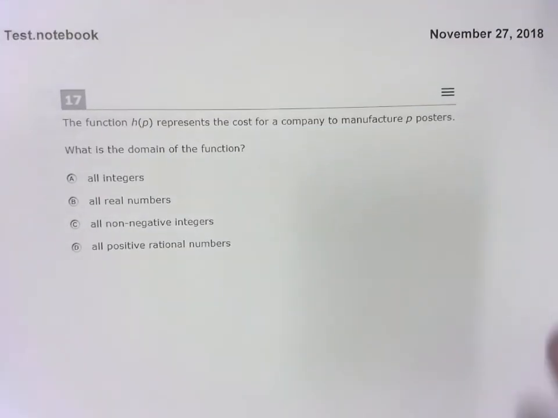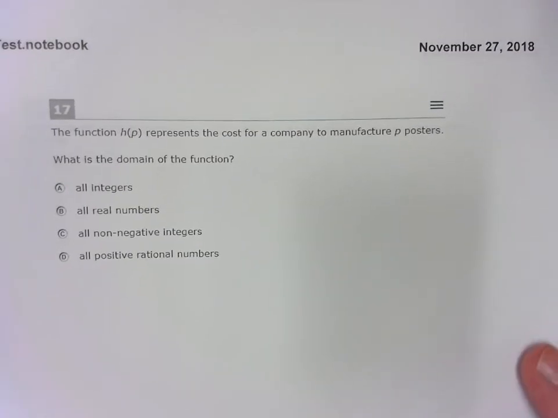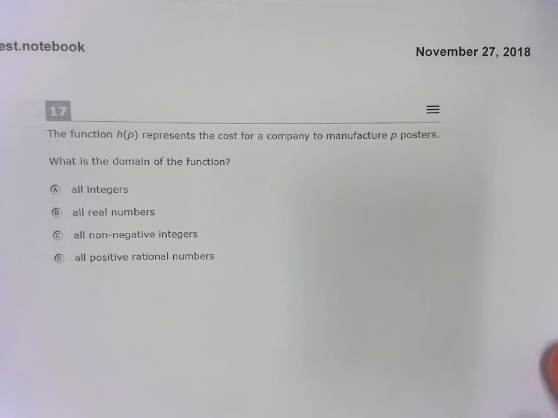All right, number 17. H of P represents the cost of a company to manufacture P posters. What's the domain of the function? So you're producing posters, so you only have to produce posters in whole numbers, right?